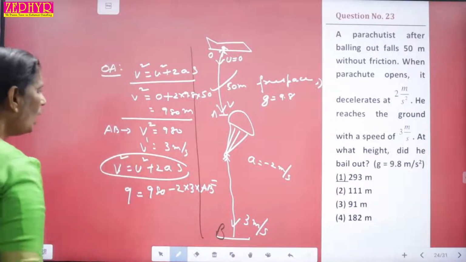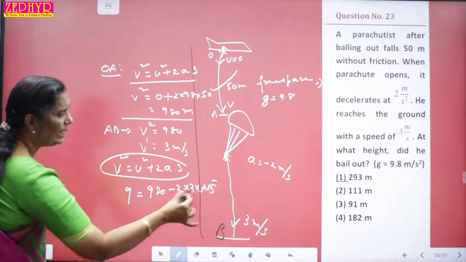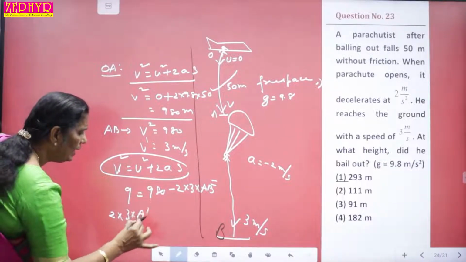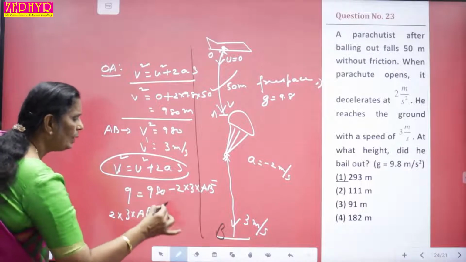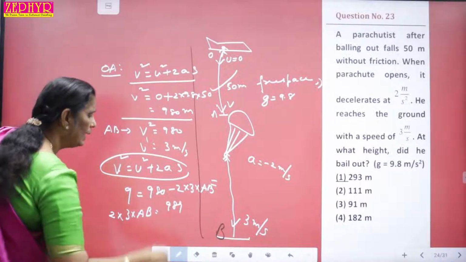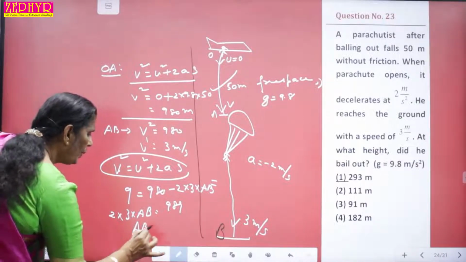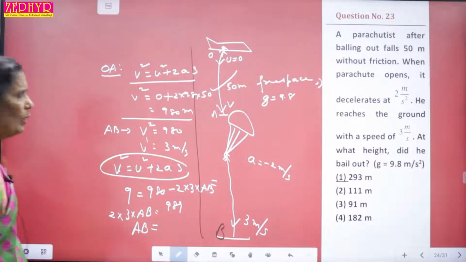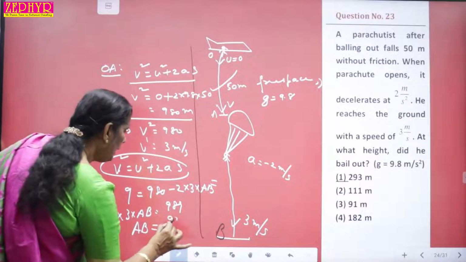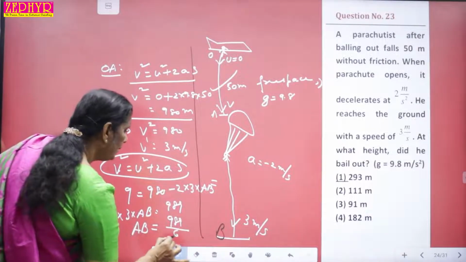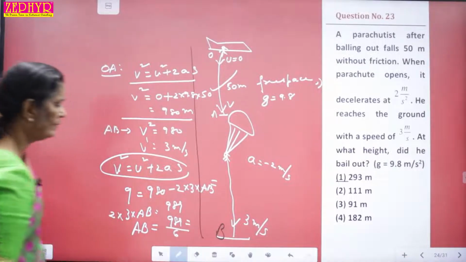So now I will take this to this side. 2 into 3 into AB is equal to 989. So AB will be equal to 989 by 6.